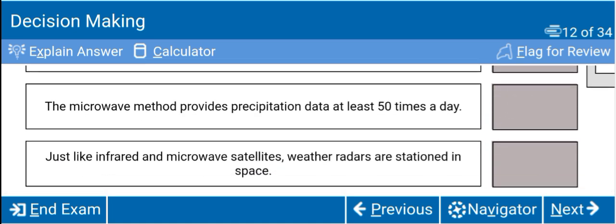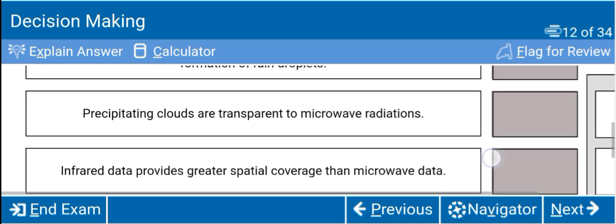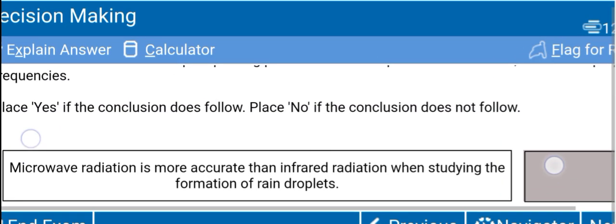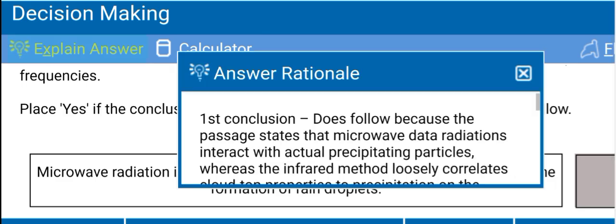Fourth, the microwave method provides precipitation data at least 50 times a day. Fifth, just like infrared and microwave satellites, weather radars are stationed in space. So let's see which conclusion does follow and which one does not.